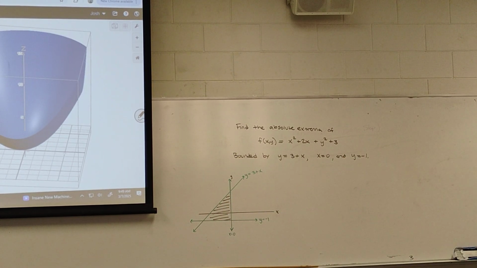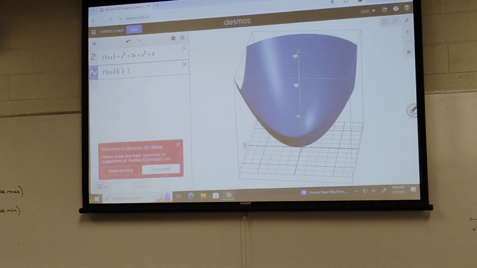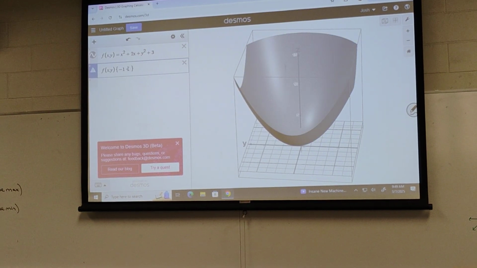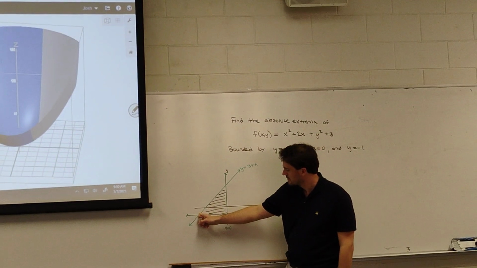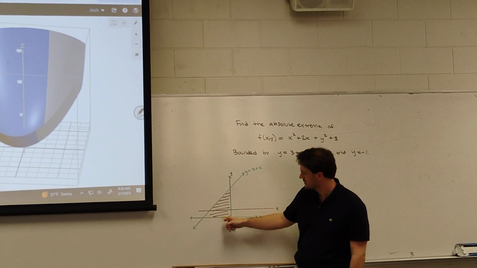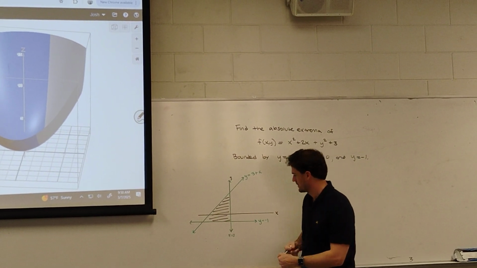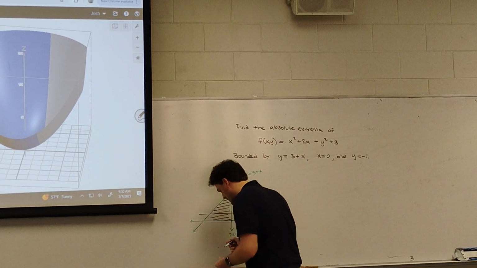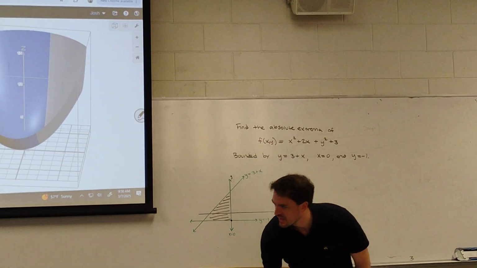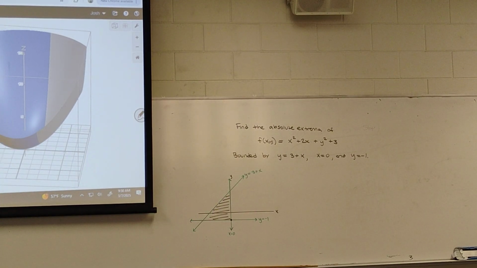So I can tell Desmos to sketch this between -1 to 3 plus x. And now sketch the x values from here to here. Let's go ahead and take 2 seconds. I'll put that in a different color and actually identify those vertices of that triangle.